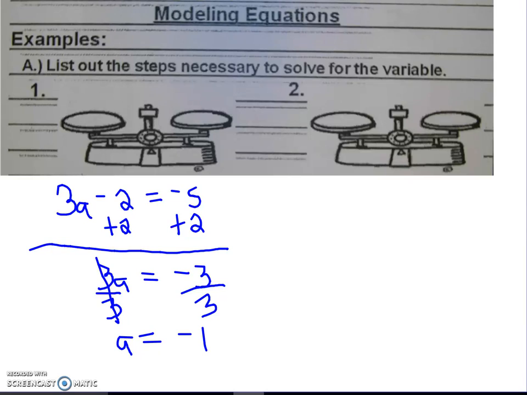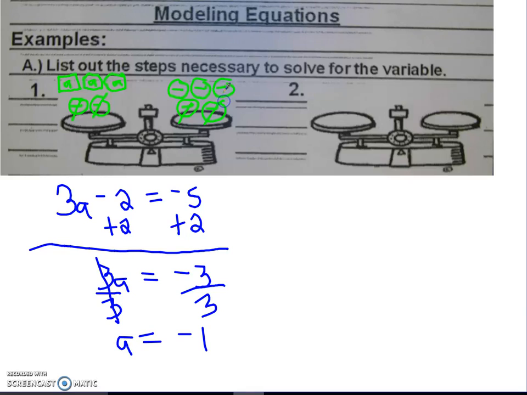Now we can also take a look at the model. So if we had a, and a, and we had negative 2 and negative 5, well, this negative and this negative would disappear.